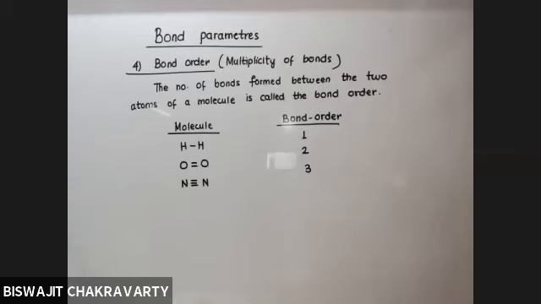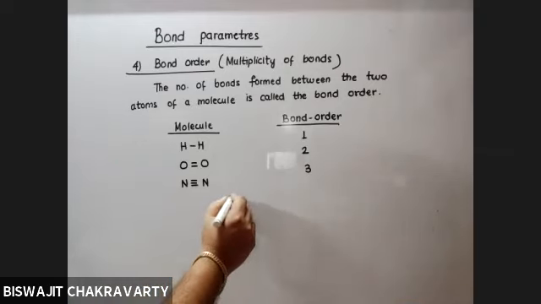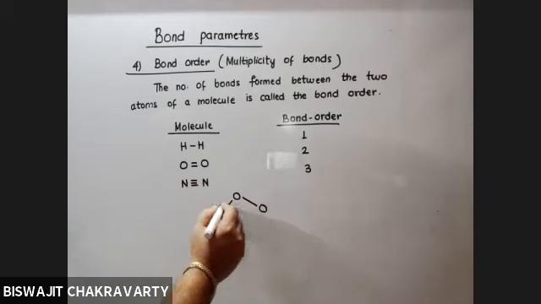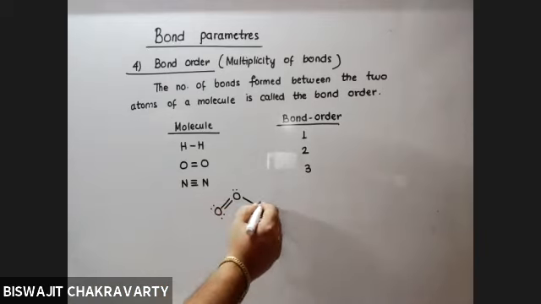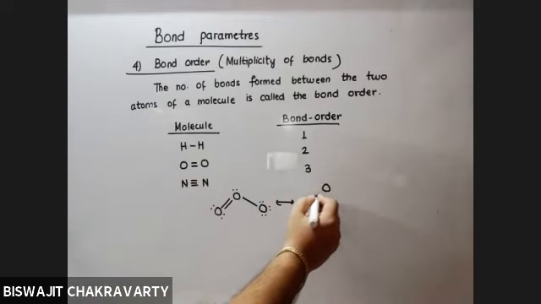Again, to repeat how to calculate the bond order for resonating structures, let me show you. Ozone has two Lewis dot structures. One was this, and the other was this.